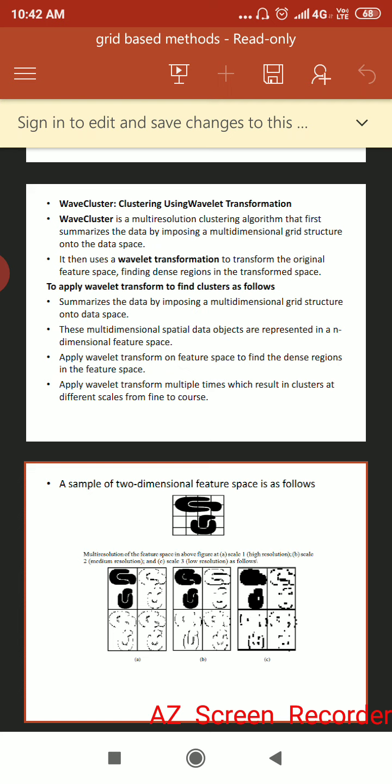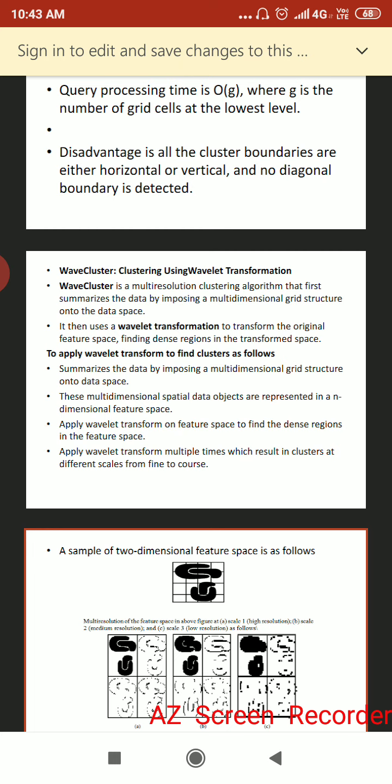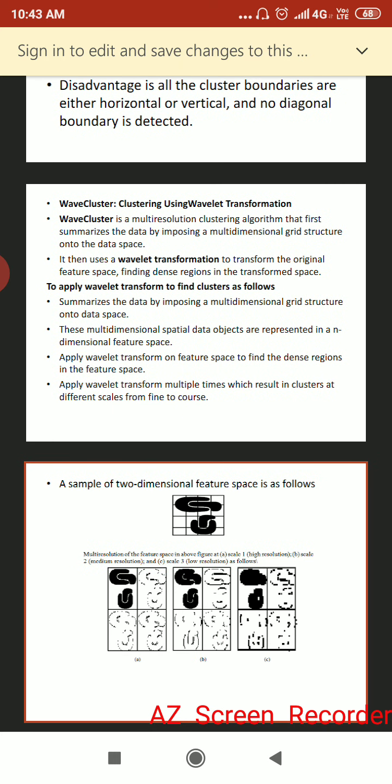First, we summarize the data by imposing a multi-dimensional grid structure onto the data space. The above example is the multi-dimensional grid structure, which can be placed on the data space. These data objects are represented in an n-dimensional feature space, and here we can apply the wavelet transformation to find the dense regions.